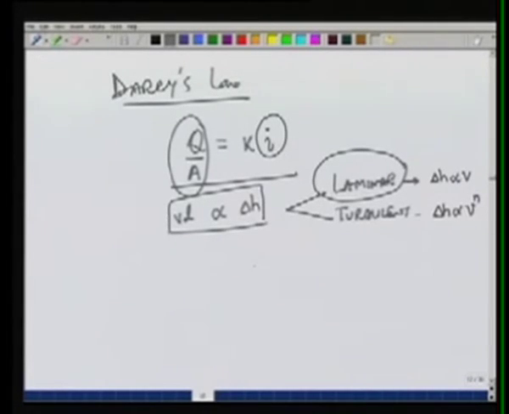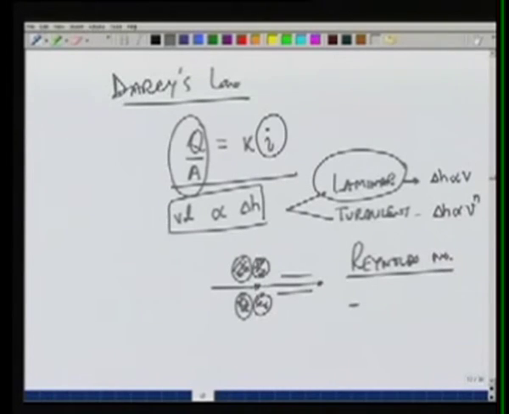So let's look at flow through a pore, and for simplicity let's say that we have these kind of soil particles and there is a porous tube through which water is flowing. The diameter of this porous tube of course will depend on the diameter of the grains, but as in pipe flow, we can define a Reynolds number as velocity, some length which typically we take as diameter, and the kinematic viscosity.